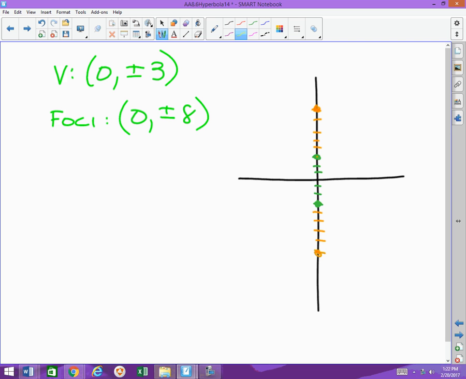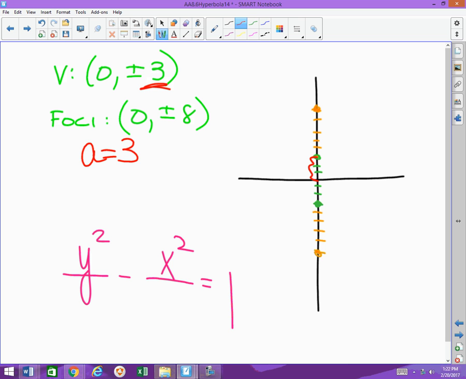Okay, so, well, first thing we know for sure is because the vertices are up and down and the foci are up and down, it has to be y squared minus x squared. And the distance from here to there is 3. So that means the value of a is 3, which means this is 9. The focus points are 8 away, so that means the value of c is 8.